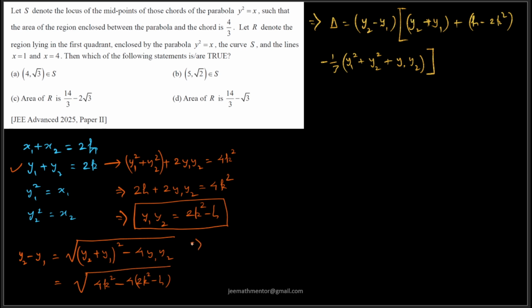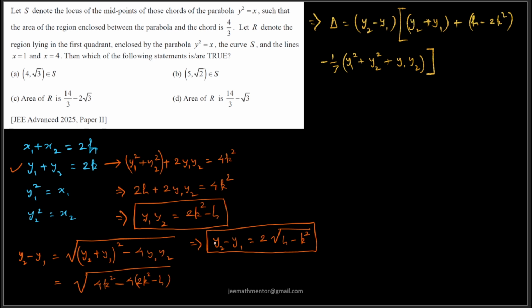And hence we get y2 minus y1 as, if you bring the 4 outside, it's simply 2 root over k squared minus 2k squared plus h. So h minus k squared minus 2k squared is minus k squared.